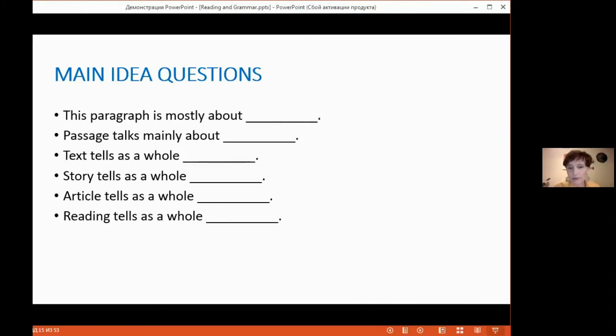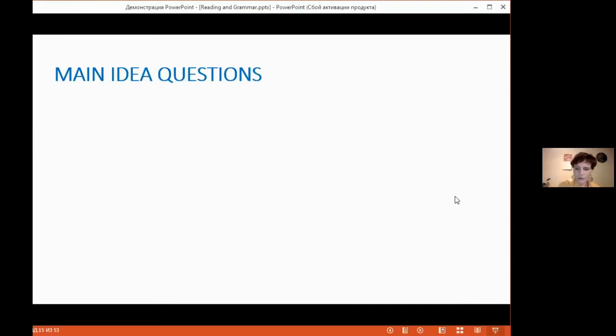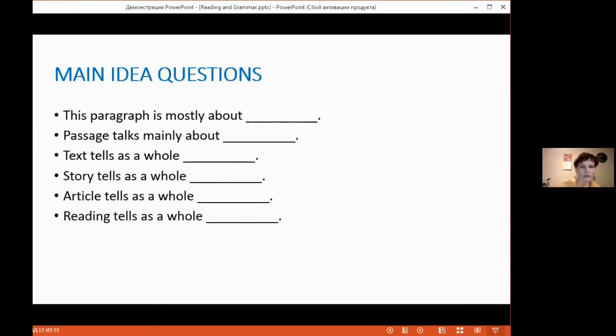Remind me, what are the strategies of working with this kind of question in reading, please? Main idea questions. Right. Skim the text. Yeah, we always skim the text. That's the first thing we do with any text, with any kind of question. We skim the text after reading. Yeah, that's a good idea, Maria. Thank you.